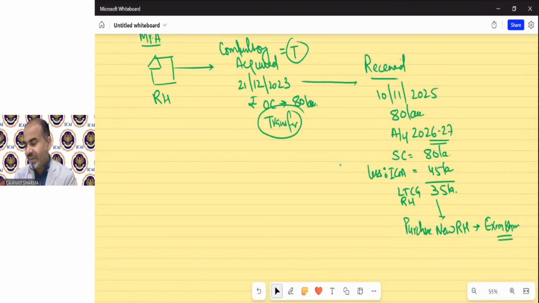Can anyone tell me in which section he is eligible to get the exemption? Whether under section 54, under section 54B, or section 54D.